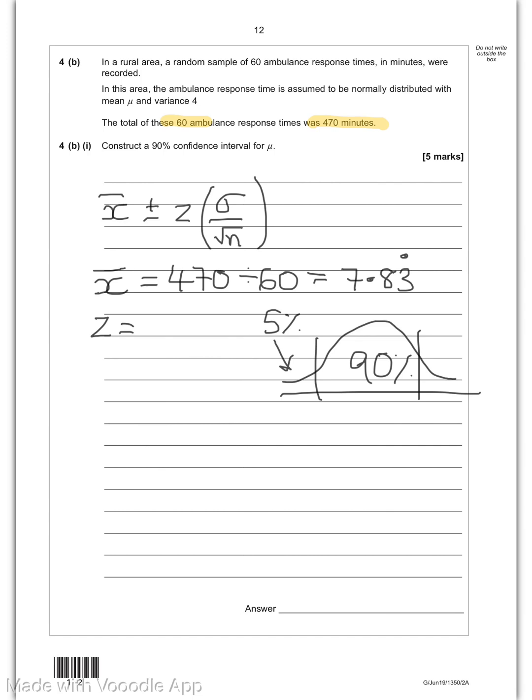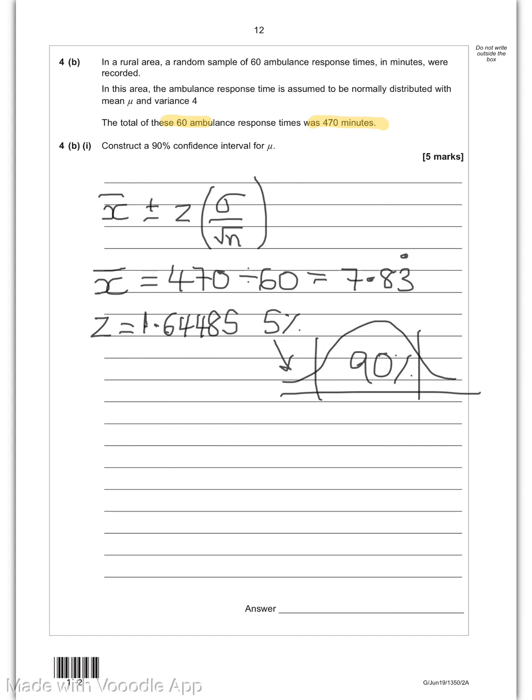So if we do area of 0.05 and leave the standard deviation and the mean the same, we get a z value of 1.64485. I'm going to ignore the minus that comes on this because in the formula we have 1 plus and 1 minus.